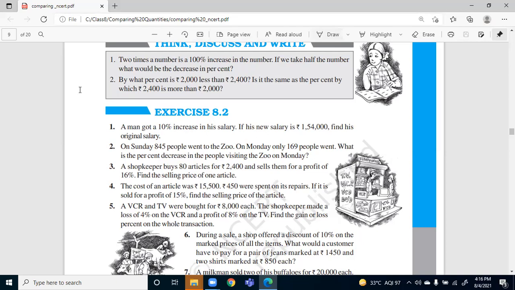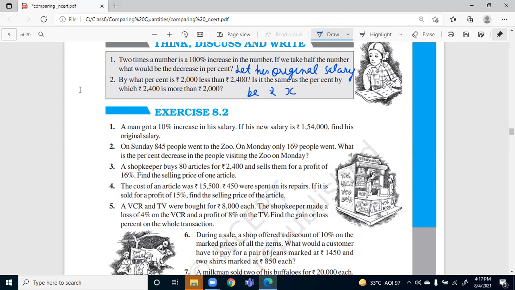So whatever is written in the question, that I have to utilize. So I will write, find his original salary. So I will write my first statement: let his original salary be rupees X.